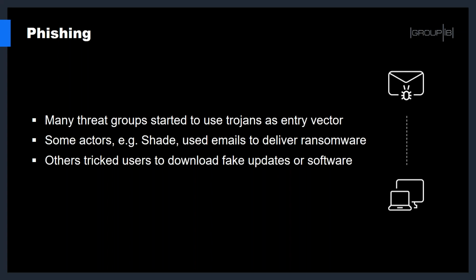So they compromised websites, and these websites showed users that their browsers, for example Firefox or Google Chrome, are out of date, and these compromised websites allowed them to download an update.